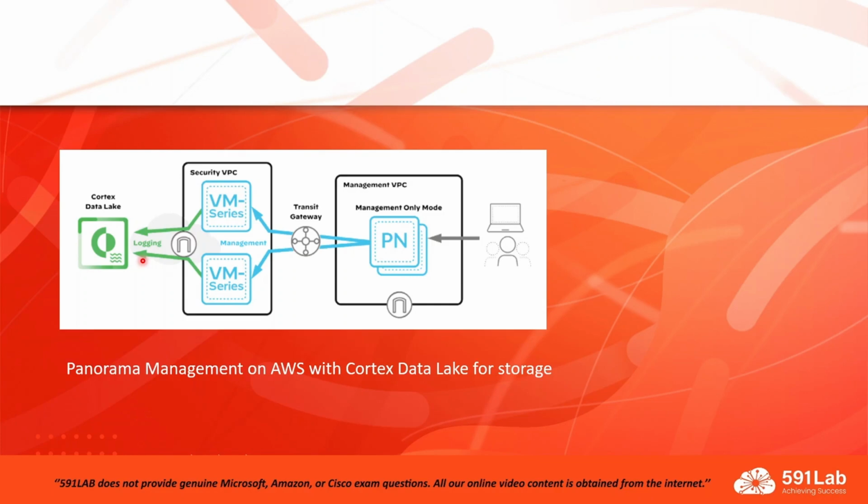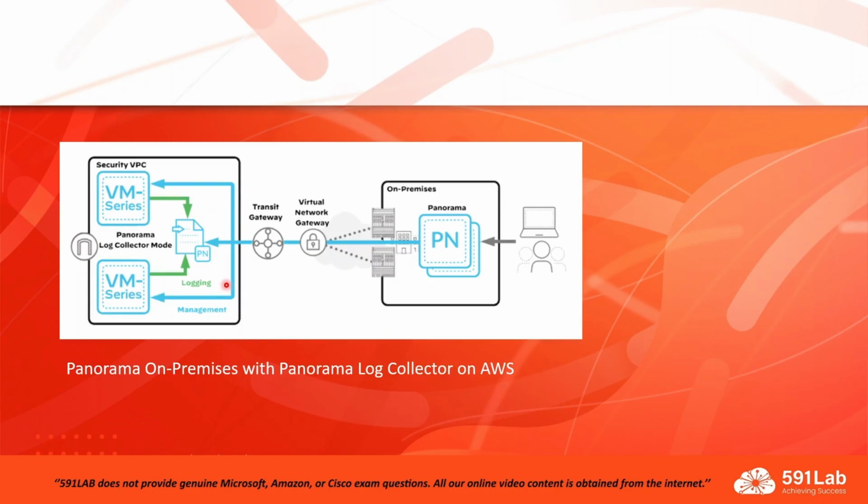This option actually saves the resources to build Panorama on AWS, and the flexible capacity of the Cortex Data Lake can store as many logs as we need from the VM-Series firewall.